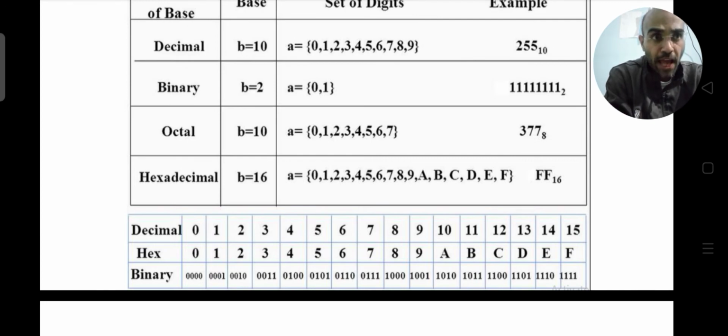Now we have to see how we can convert a given number in one number system to another number system of our choice.